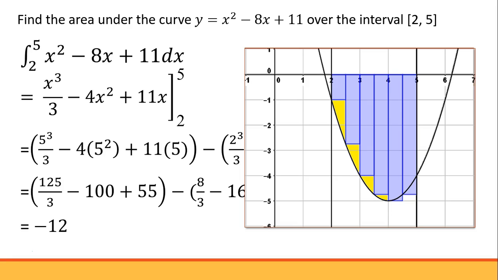So if we multiply those y-coordinates times the width of the rectangles, we're going to get negative numbers. So what we see here is that if we have an area that's underneath the curve, that area is going to be a negative number.